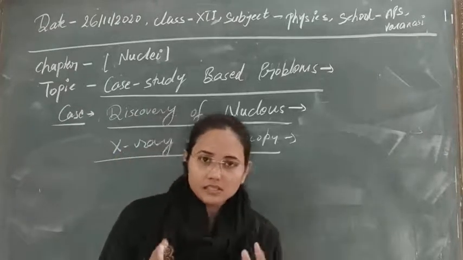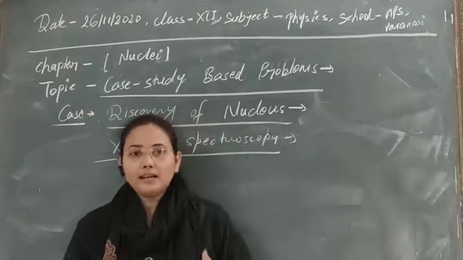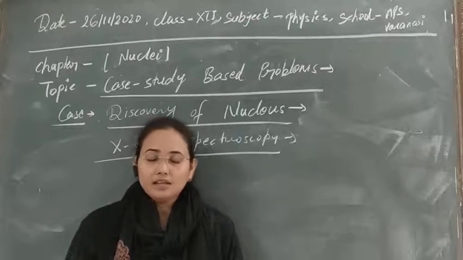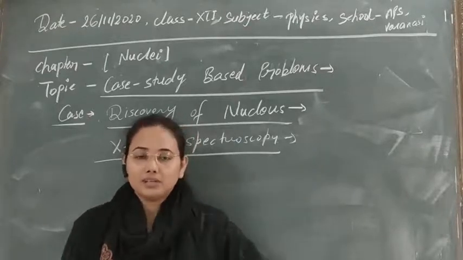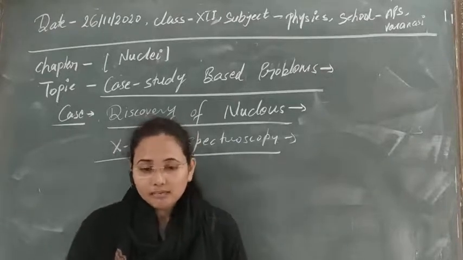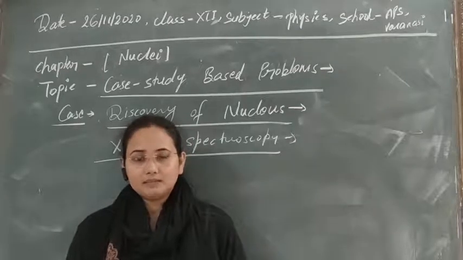So this is the particular case that I have explained to you, and it can be asked in your examination also. Now, which types of questions can be asked here?